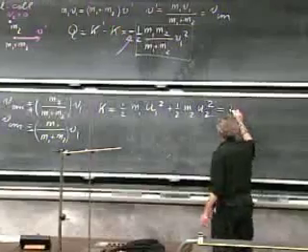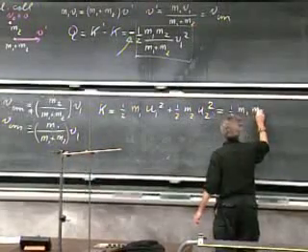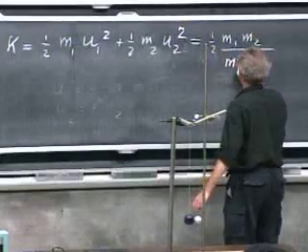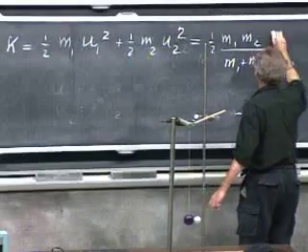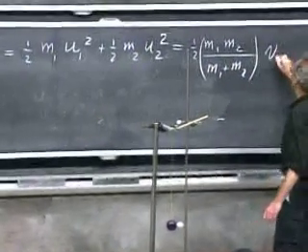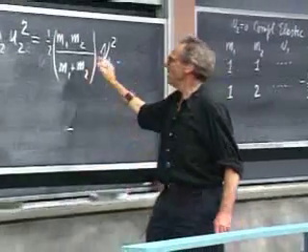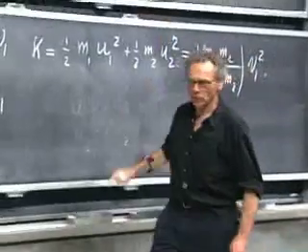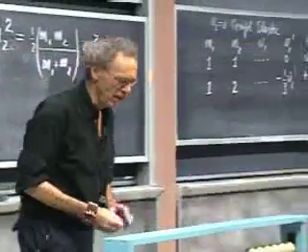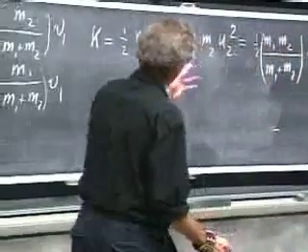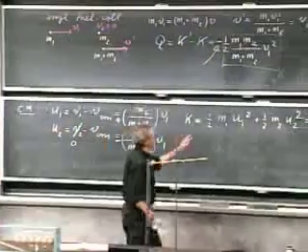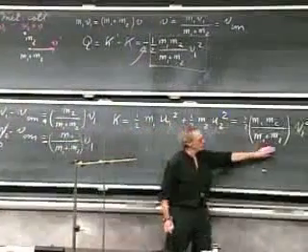What are you going to find? 1/2 M1 M2 divided by M1 plus M2 times V1 squared. And this is exactly the same as what we had there. And so what you see here, if you allow me for having skipped some steps in the algebra, you will have to do a little massaging to get from here to here.